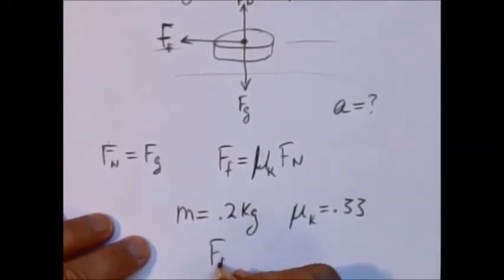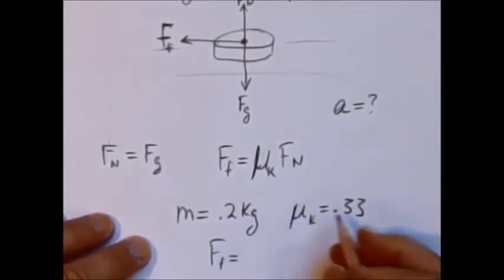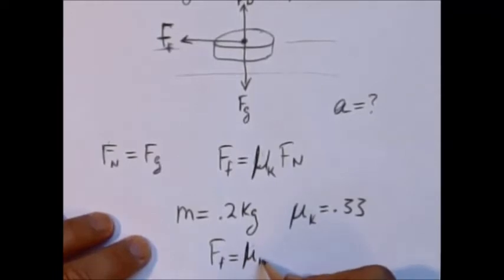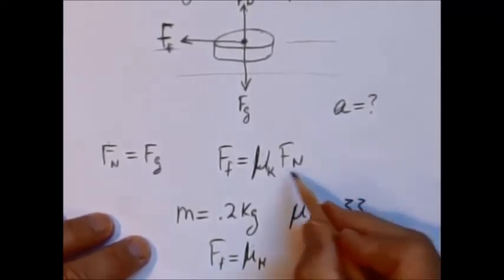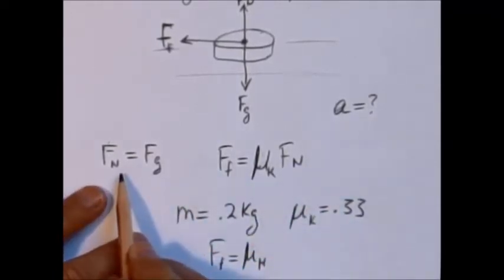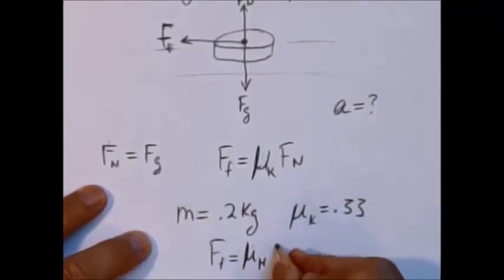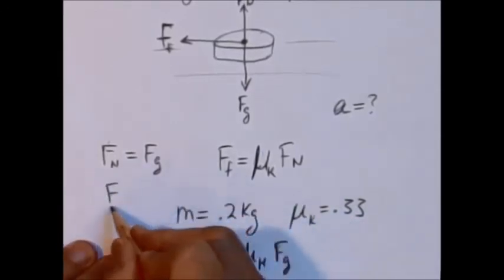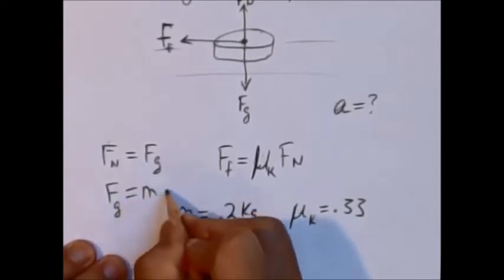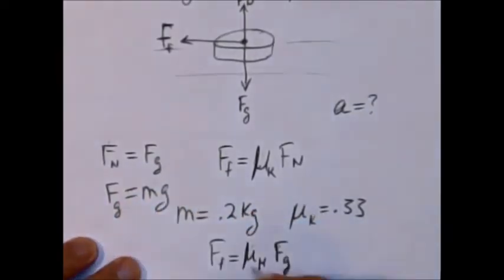So the force of friction on the puck is equal to mu sub k times the normal force, but the normal force is equal to the force of gravity, right? So I can put Fg instead of Fn in here, and that's good because we know that Fg, the force of gravity, is equal to mg. All right, so the friction force is equal to mu sub k times m times g.